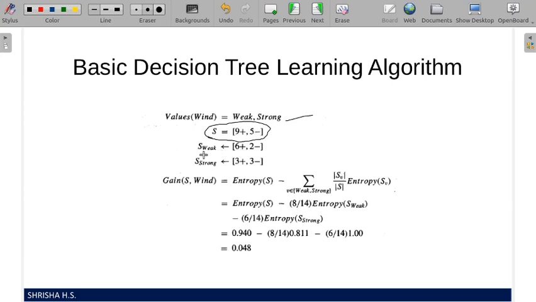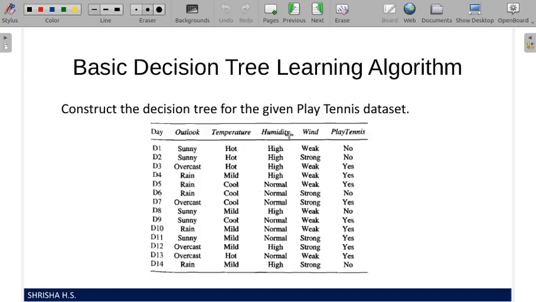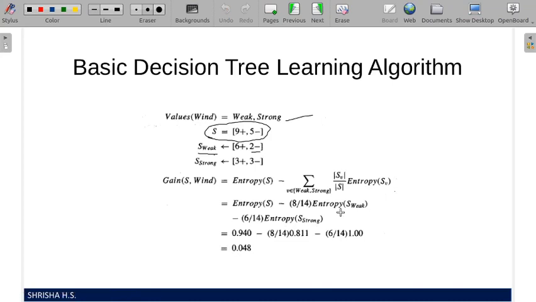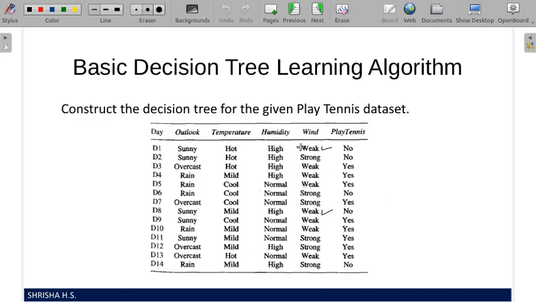Okay, so when wind equals weak, there are 6 positive examples and 2 negative examples in the play tennis data set. So we can see here, when wind is weak, we will first count the negatives. 2 negatives are there, so 6 positives should be there.